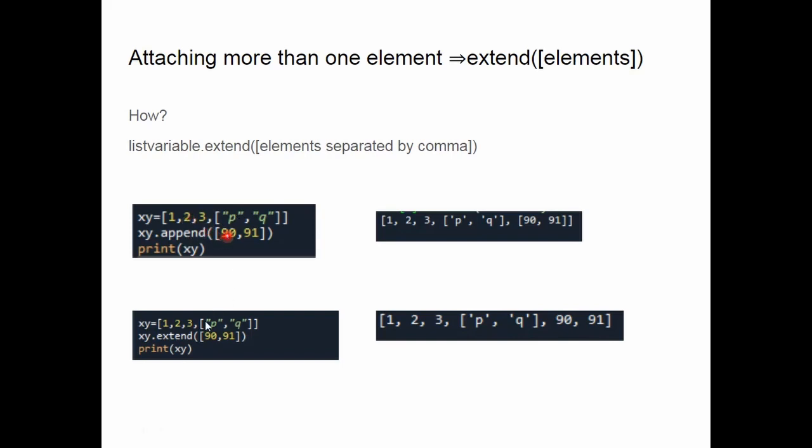And one more, but first we will see how to extend. By using the extend method, 90 and 91 will be added as elements. They are not going to be appended as a new sublist. But if we append by using the list notation, that will be appended as a sublist.